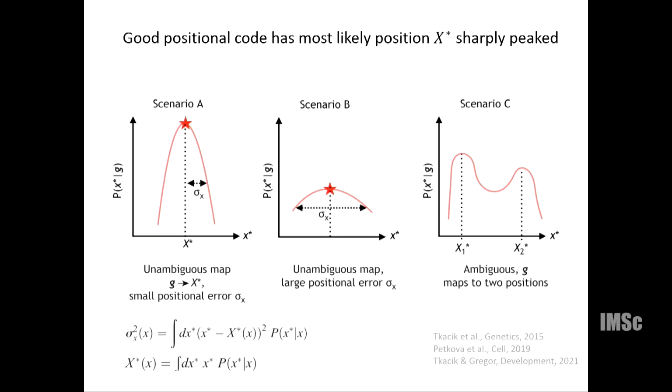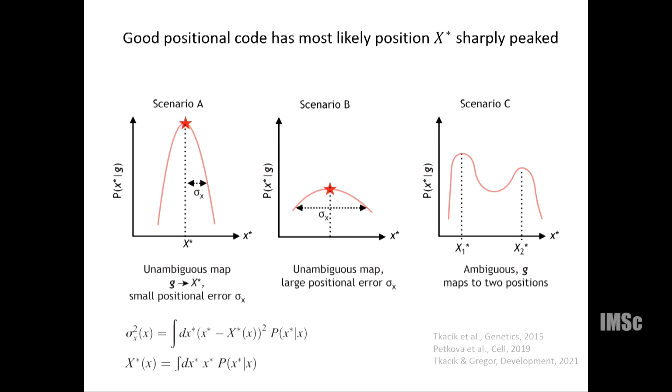So just one more thing to say about when I say the code is good or unambiguous. I mean that for a given concentration, this implied fate is sharply peaked, because you can also imagine different scenarios.